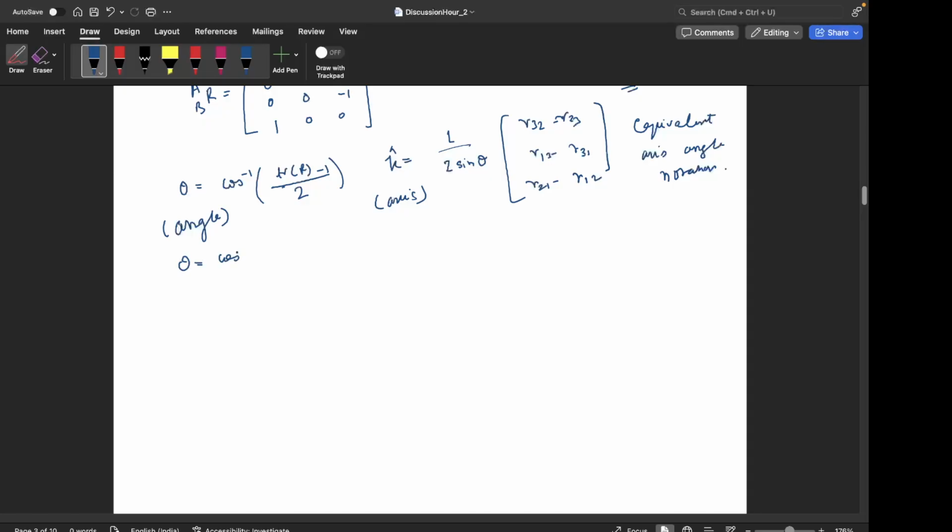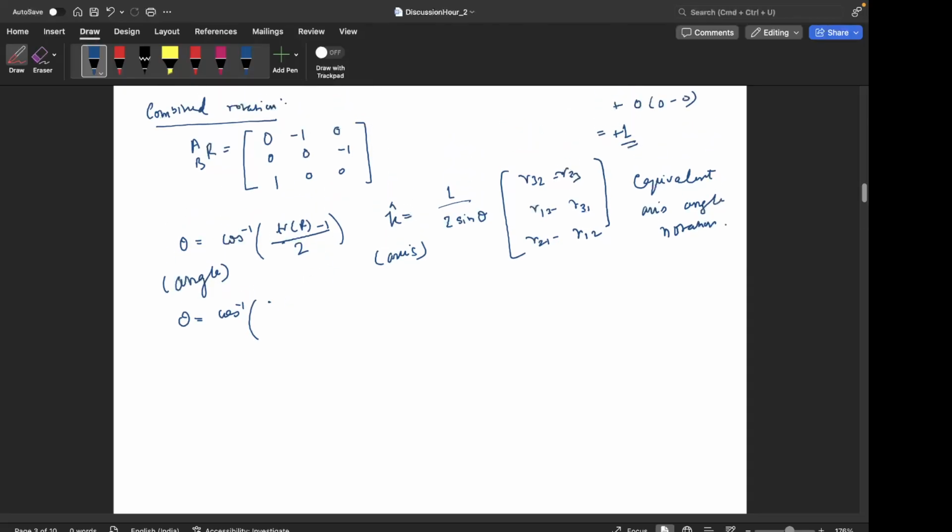So in our case, cos inverse of trace of R minus 1 by 2, where the trace is 0, and k is 1, actually minus 1, 1.